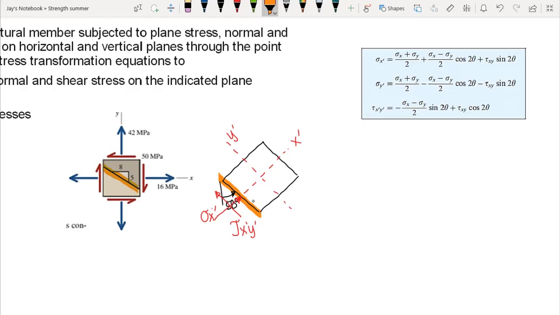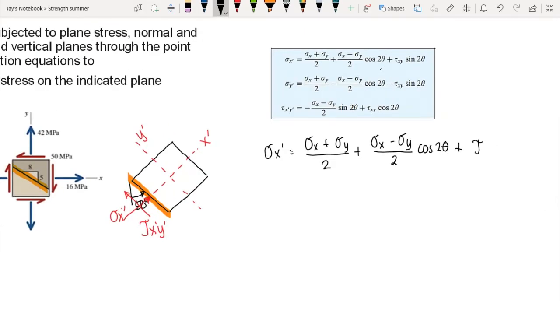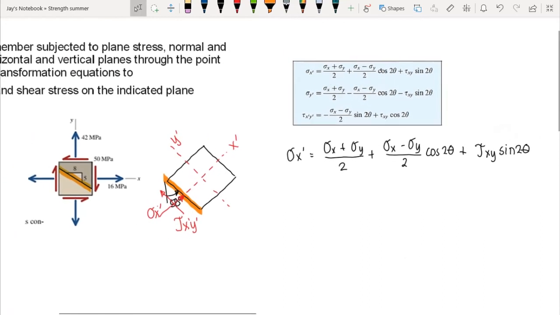Now, we have the formula here for our sigma x prime. Sigma x prime is equal to sigma x plus sigma y over 2, plus sigma x minus sigma y over 2 cosine of 2 theta, plus shear stress xy sine 2 theta. Okay, so let's substitute all the values in our equation.